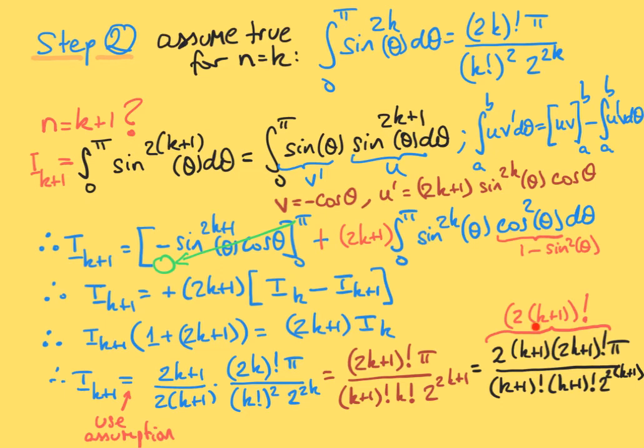Or, writing it slightly differently, 2 brackets k plus 1, close brackets factorial. This is just 2k plus 2. And that is exactly what we want to have, 2 times k plus 1 factorial.